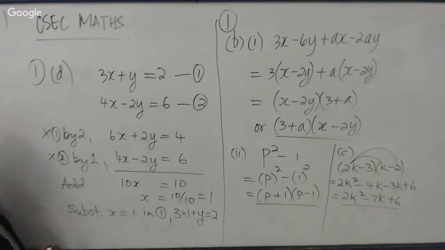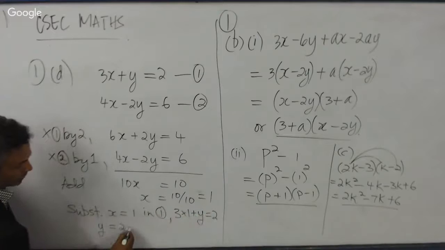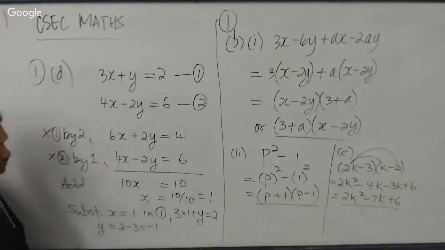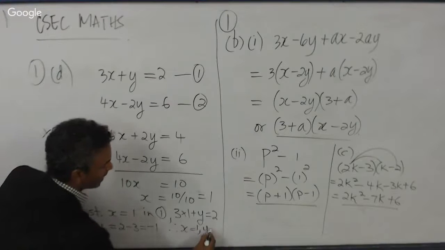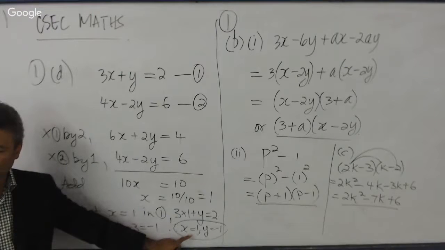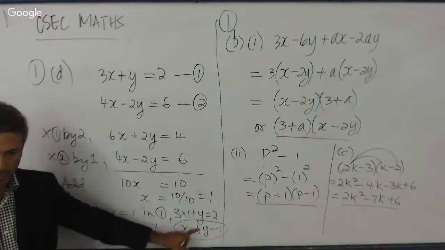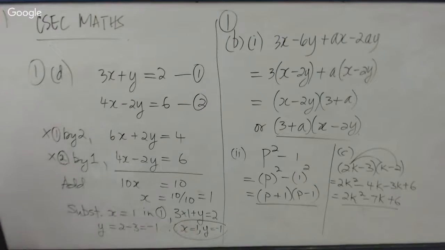And from there, you end up with y is equal to 2 minus 3, which is negative 1. So therefore, x equal 1, y equal minus 1. Or you could say the coordinates are 1, negative 1. Okay?